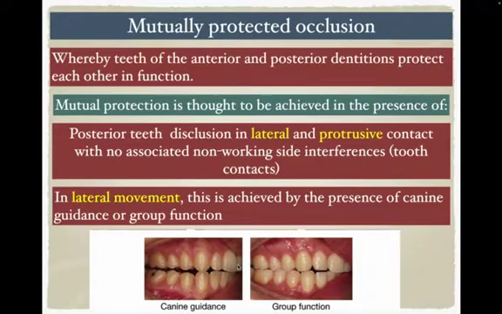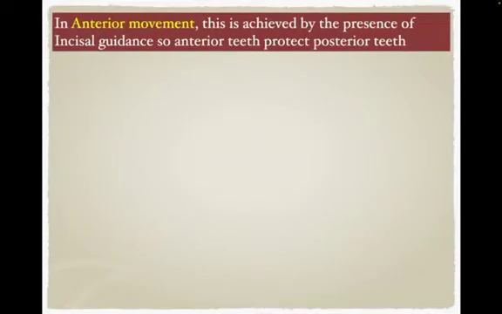So basically, the anterior teeth are protecting the posterior teeth: during lateral movement, we are going to have either a group function guidance or canine guidance, so that the teeth on the other side are protected from each other, from causing attrition to each other. When the patient is doing a protrusion, the incisor guidance will do the sliding movement, with no contact on the non-working side, on the posterior teeth on the right or on the left.